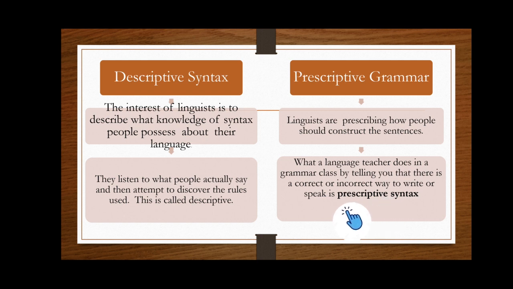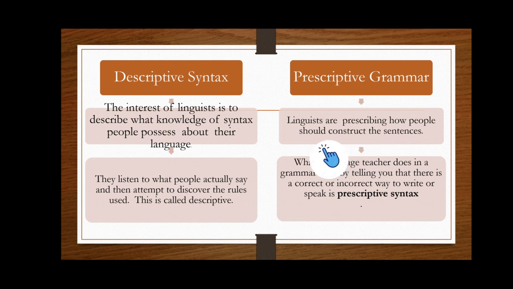I hope it's clear. So in descriptive, the linguists do not tell you the rule. First of all, the linguists listen to what people actually say, and then attempt to discover the rules people use in their language, because the interest of the linguist is in the knowledge of the syntax people have. And here the linguists do not take interest in the knowledge of syntax people have.